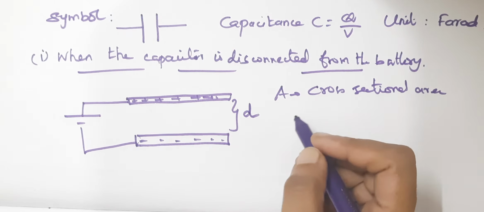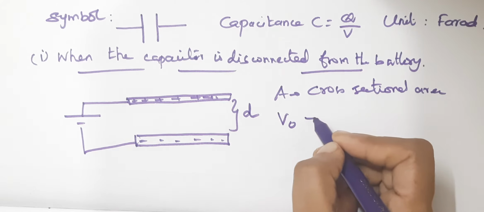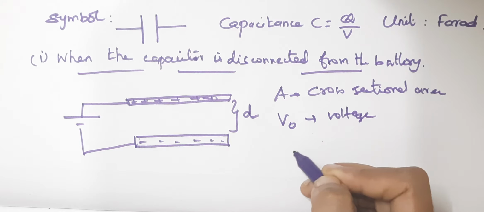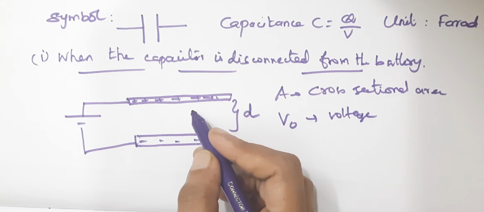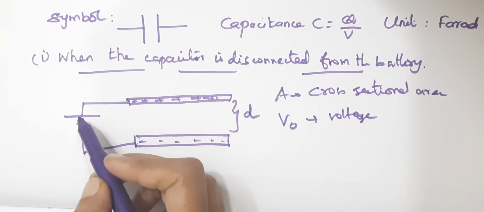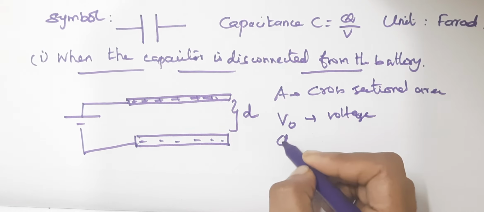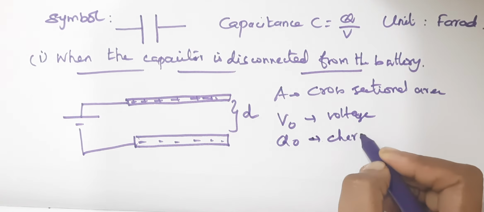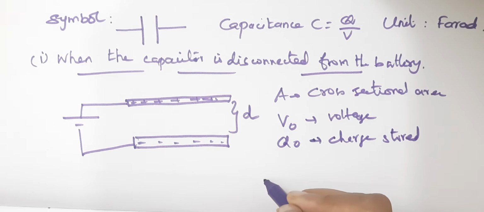Here the battery voltage is taken as V0. Because of this battery, charge is stored in this capacitor. The charge stored is taken as Q0, the charge stored in the capacitor.